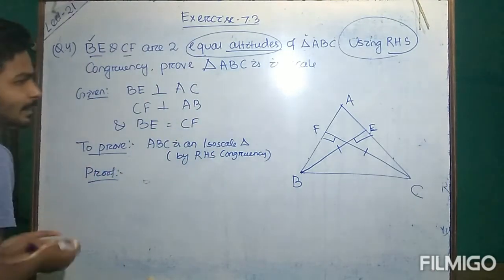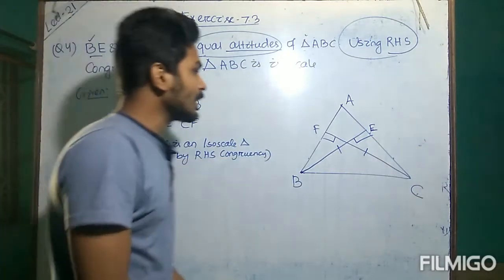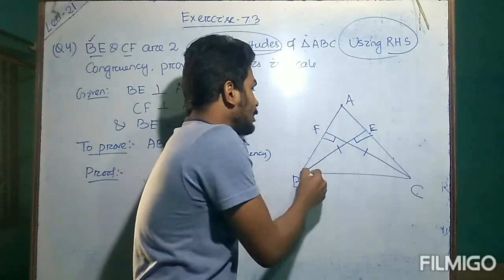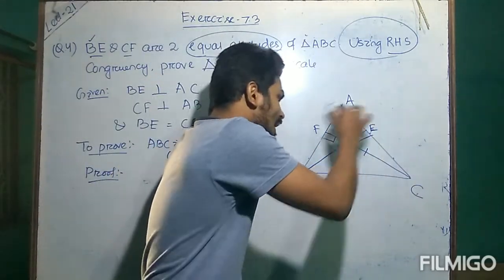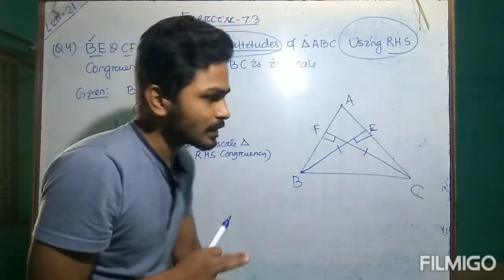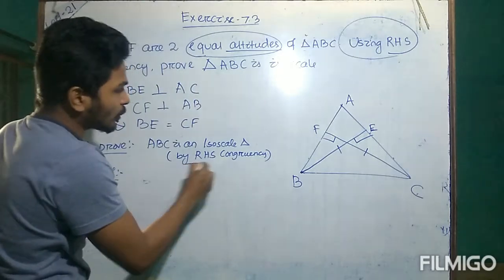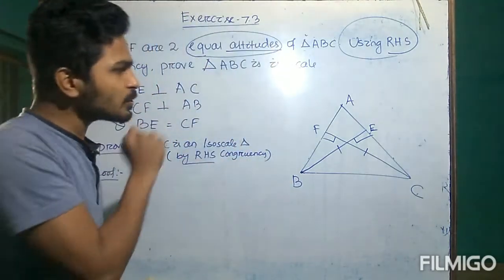How can you prove that ABC is an isosceles triangle having AB side equal to AC side? It means we have to prove that ABC is an isosceles triangle, or you can say AB side is equal to AC side. We have to prove this using RHS congruency. So for this we have to compare two triangles. Which two triangles?